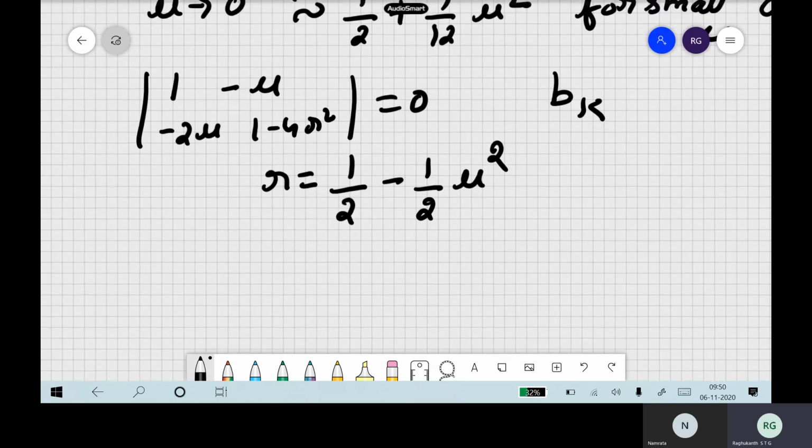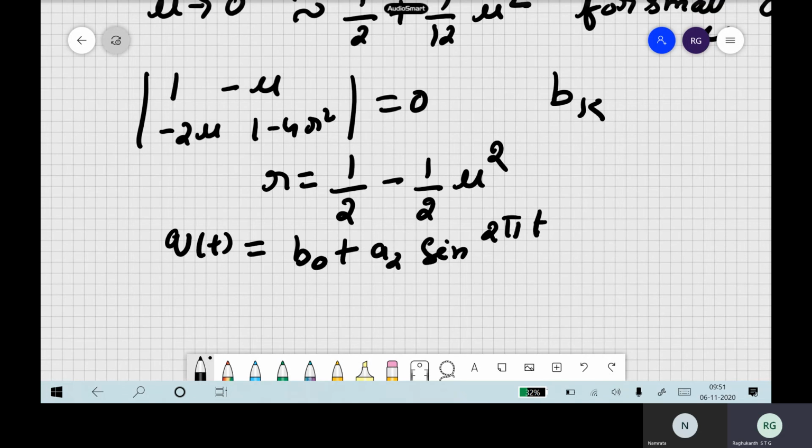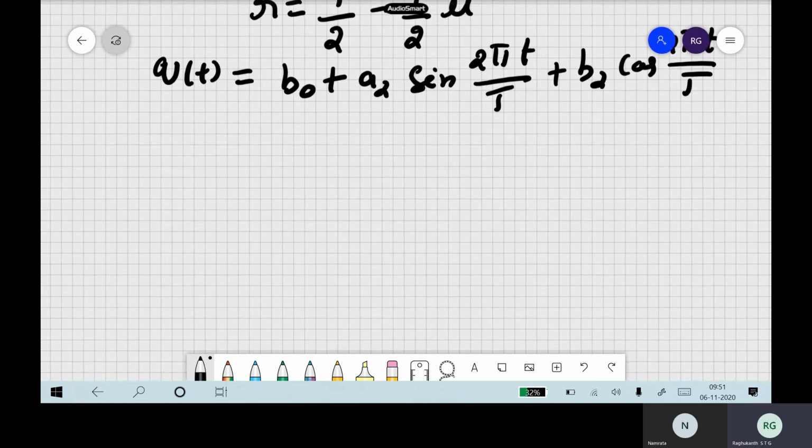And of course our solution will be Q of t is B0 plus A2 sine 2 pi t by capital T plus B2 cos 2 pi t by capital T. Okay, and I will just plot the boundary here.